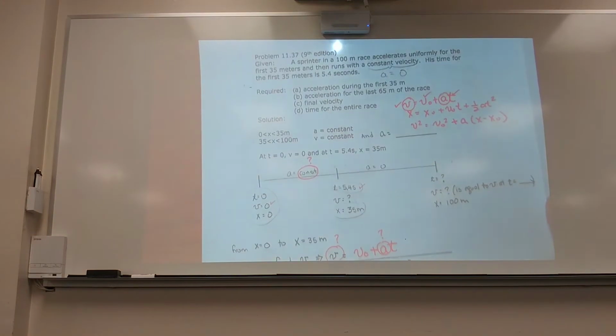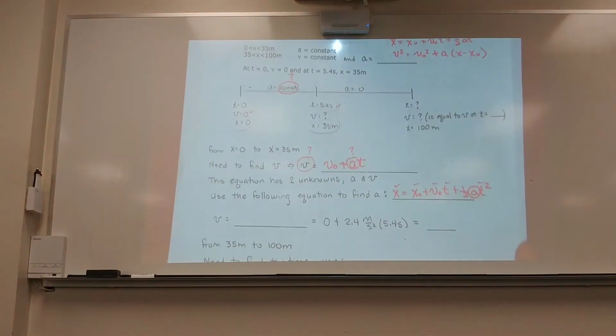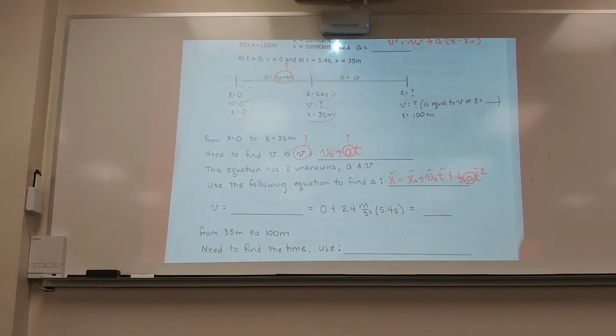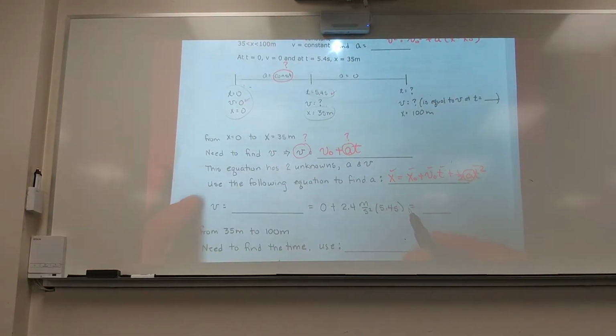So what we have to do first is use the following equation for acceleration from your x. We know the positions and the time. So in that case, the acceleration is the only thing that we don't know. So I will just put that in.